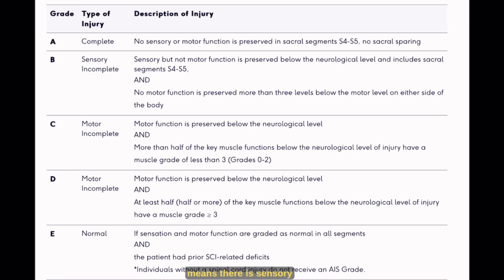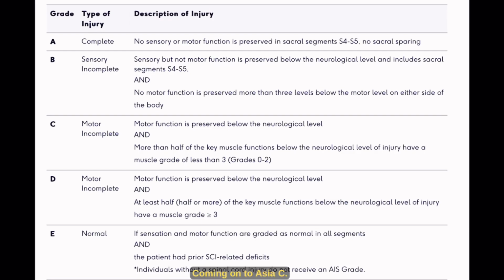It means there is sensory but no motor function preserved below the neurological level, including sacral segments S4 and S5, and no motor function is preserved more than 3 levels below the motor level on either side of the body. So basically motor function is completely gone and sensory function is there.